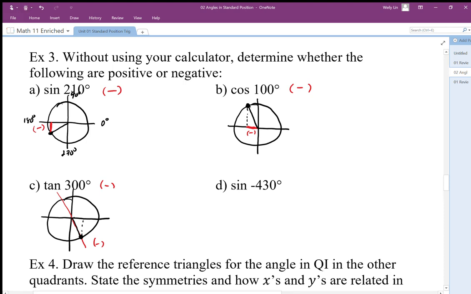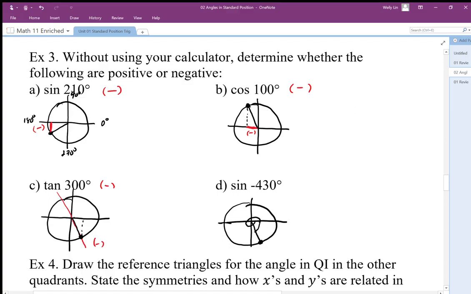Now with standard position trig, we can go beyond 360 degrees. So if we want to go 430, well, first of all, it's negative, so we're going to go in the negative direction. So there's our circle. We're going to go negative 360 degrees, and we need to go another 70 degrees to end up here. So that's the location.